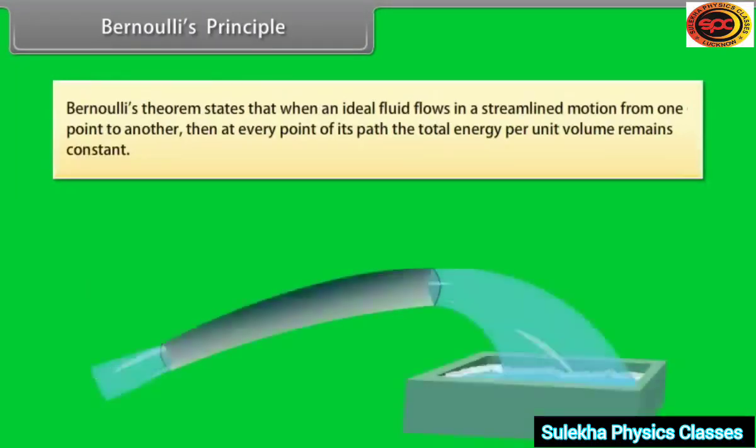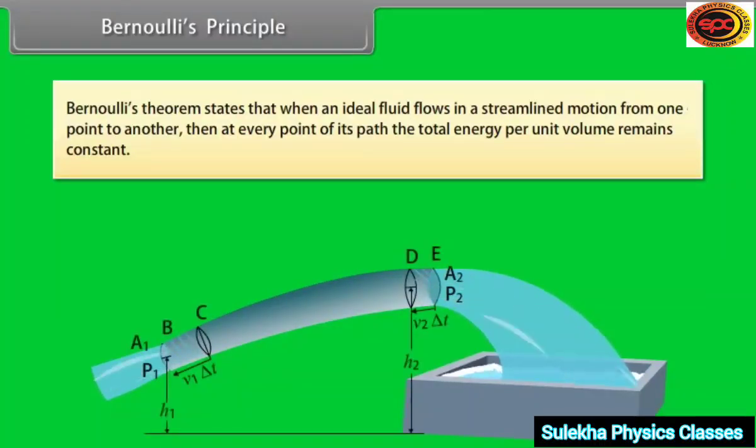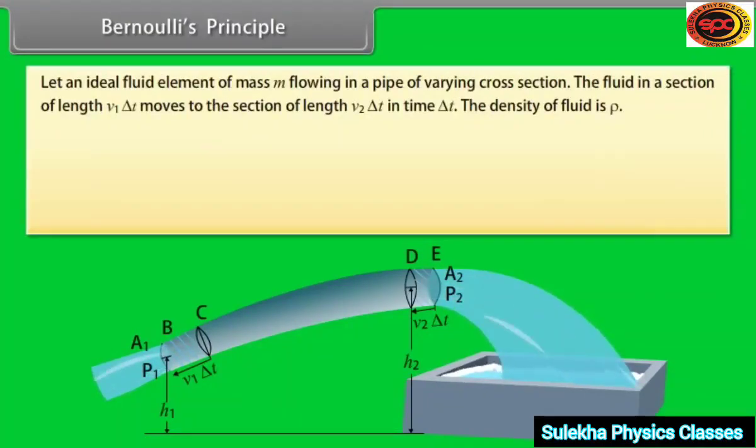Bernoulli's principle. Bernoulli's theorem states that when an ideal fluid flows in a streamlined motion from one point to another, then at every point of its path, the total energy per unit volume remains constant. Let an ideal fluid element of mass m flow in a pipe of varying cross-section.